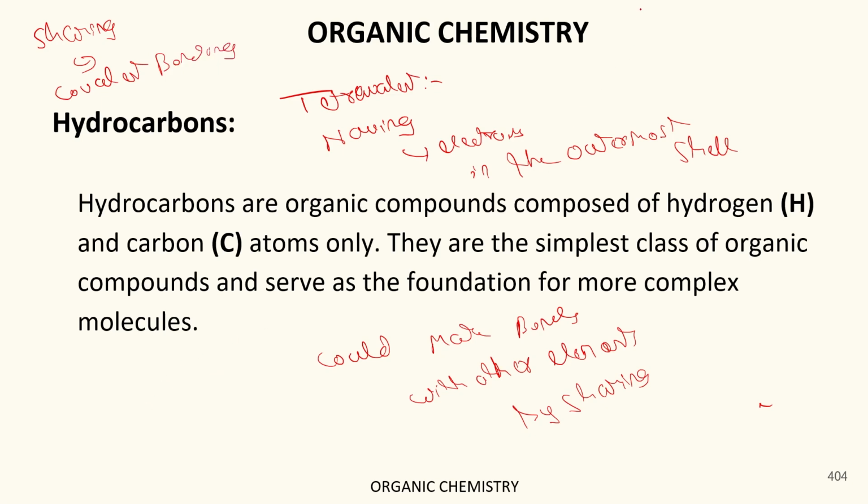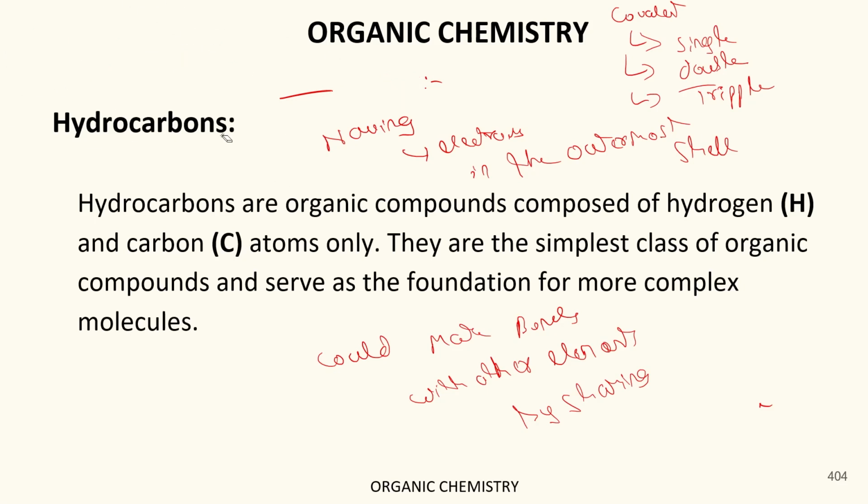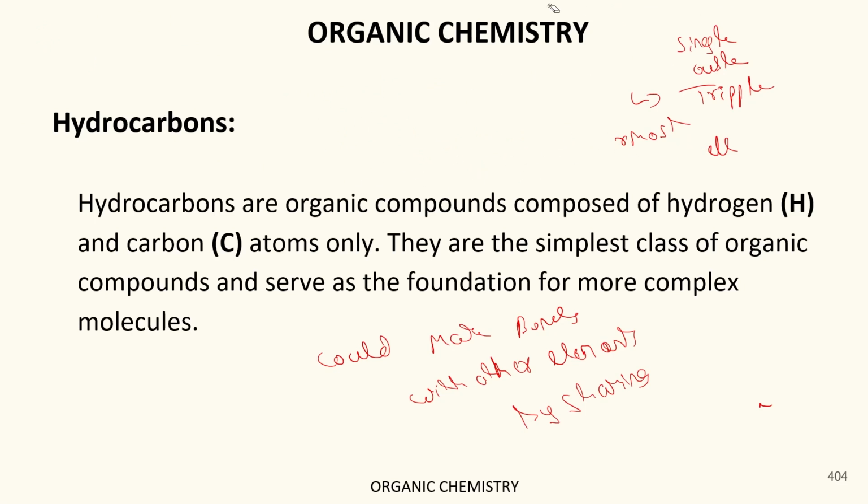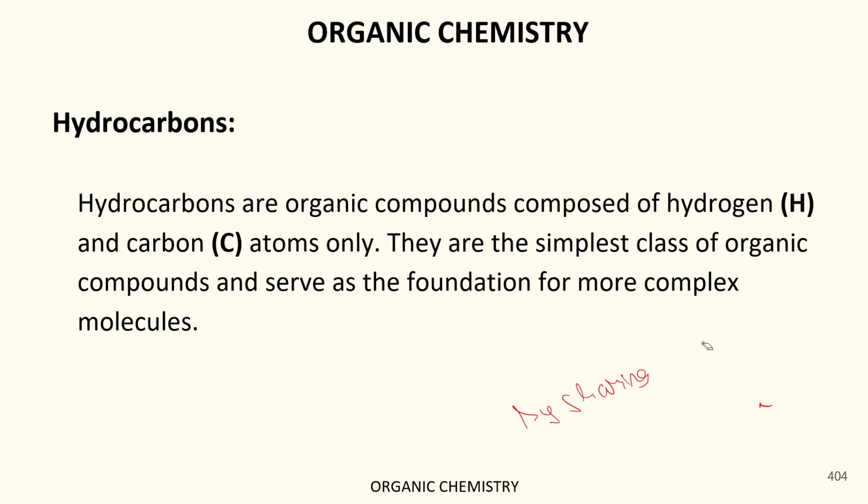Here we are going to discuss 3 types of covalent bonding, known as single, double and triple. We are going to discuss them one by one. These are the basic properties of carbon through which it makes this number of carbon compounds.